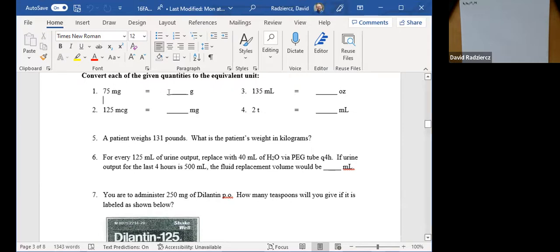So like for this number 1, the answer to that is 0.75. You don't round that to 0.8. You don't round that to 1. You leave it as 0.75. This becomes 0.125. That is the answer. Do not round it to 0.13. You do not round basic unit conversions, okay?